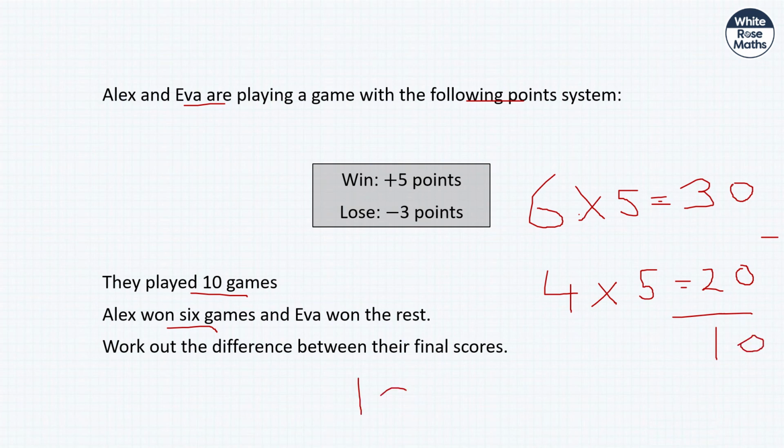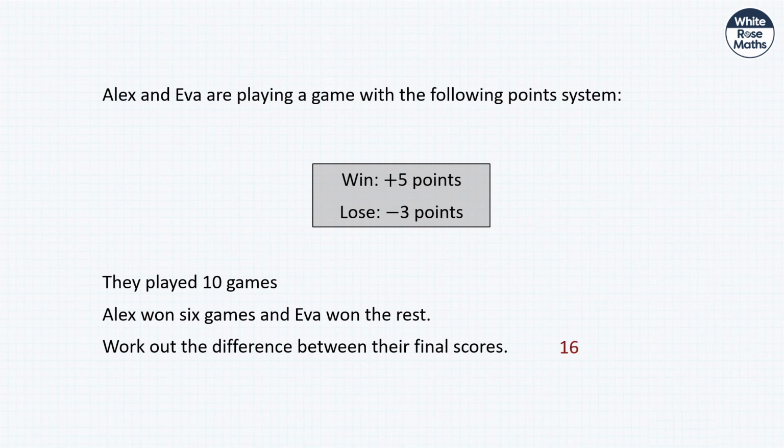So they got the answer of 10. Oops, 16 actually. Okay, I think I made a mistake. It shouldn't be 16, it is meant to be 10. So ignore that.